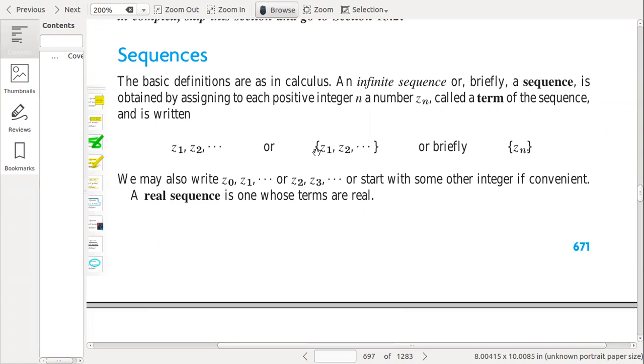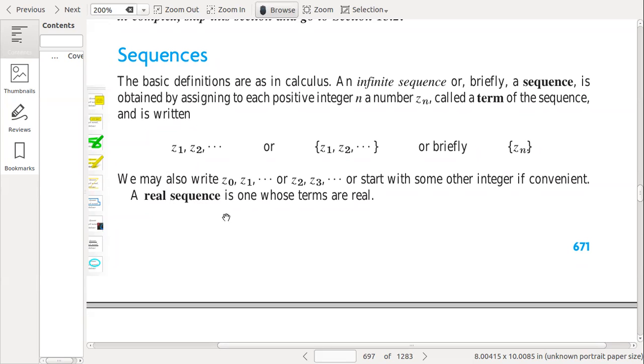Or we can put these numbers in brackets z1, z2, and so on. Or briefly, we can say that a sequence is denoted with Zn where n is a positive integer.